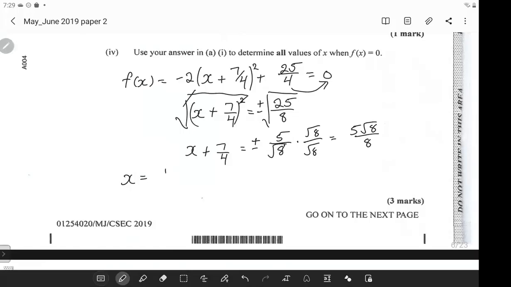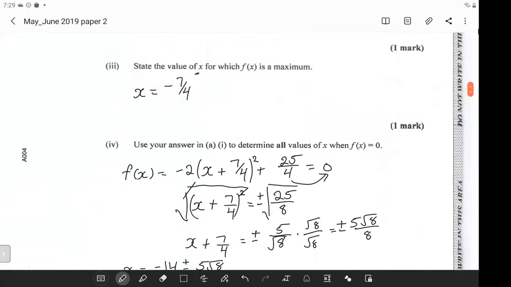So we have negative 14 plus or minus 5 root 8, over 8.